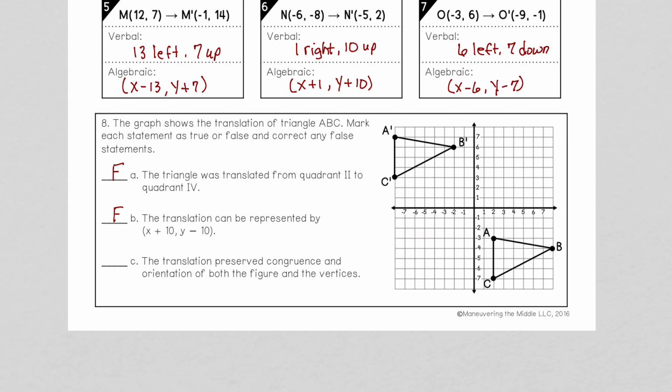So it's x minus 10, and then goes up 1, 2, 3, 4, 5, 6, 7, 8, 9, 10. So it's minus 10 plus 10, not plus 10 minus 10. So it's right the opposite. And then the last one, the translation preserved congruence and orientation of both the figure and the vertices. That is true, or it would not be a translation.